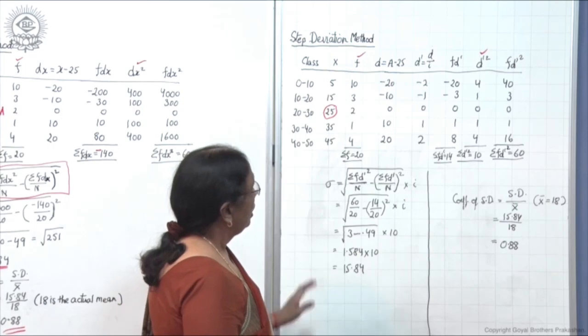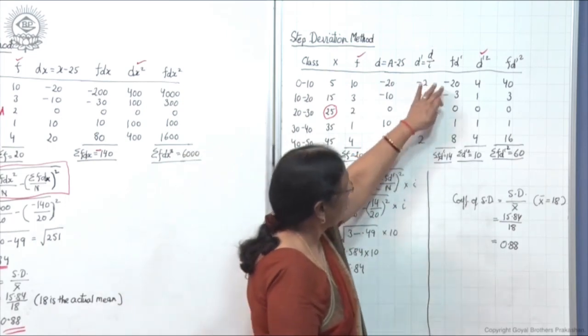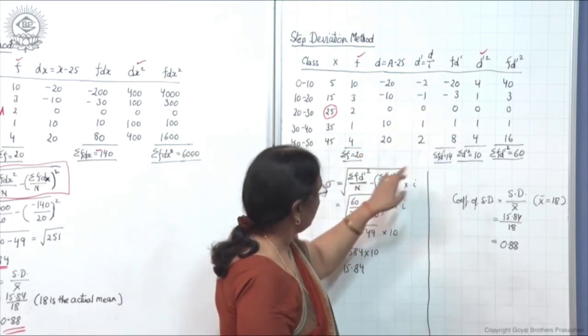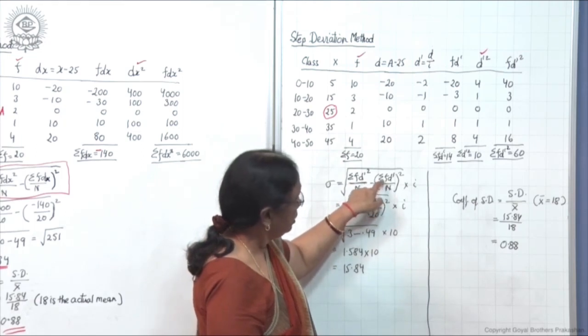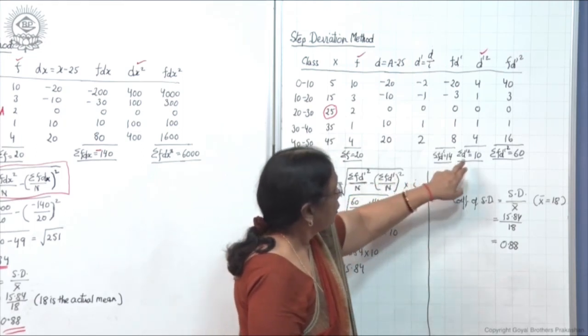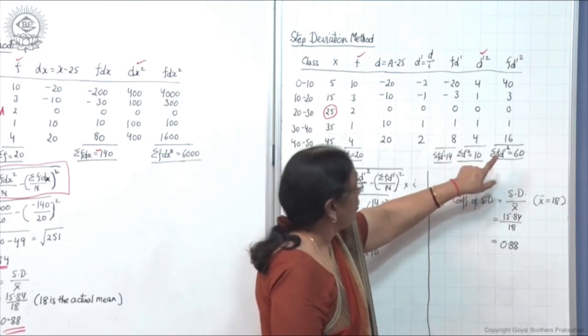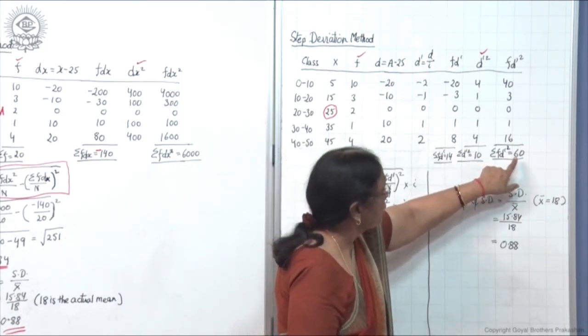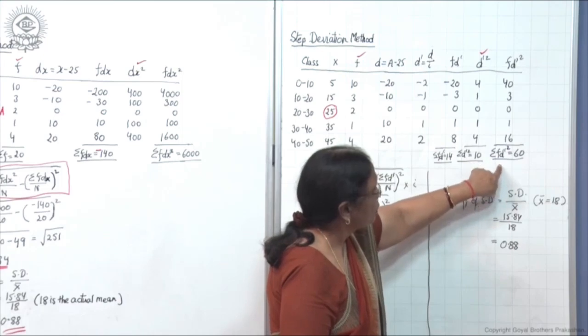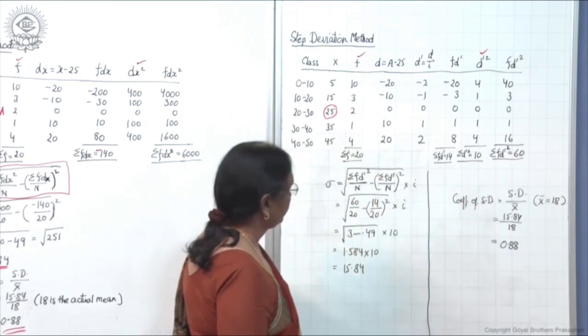After doing this, do the total of sigma f d dash. Why? Because you need it here. Do the total of this column also, though we do not need it directly, but we need sigma f d dash. Do the total of this column and you get 60 here.